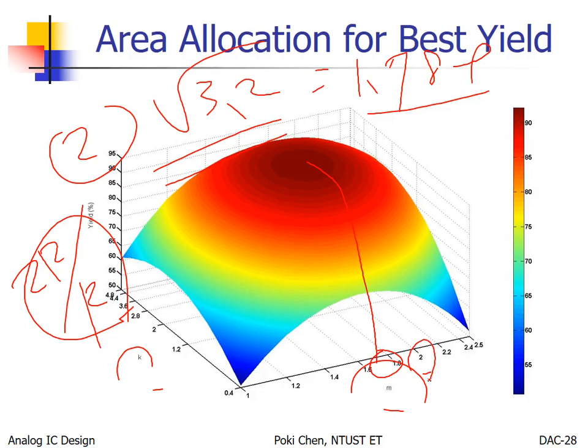In the past, there was a paper. It said, not by derivation, but by simulation, that 1.7 is the best. But for ours, 1.789 or something, very close to 1.8 rather than 1.7. Why? Because in the past, they used a normal distribution, but we use a log-normal distribution.